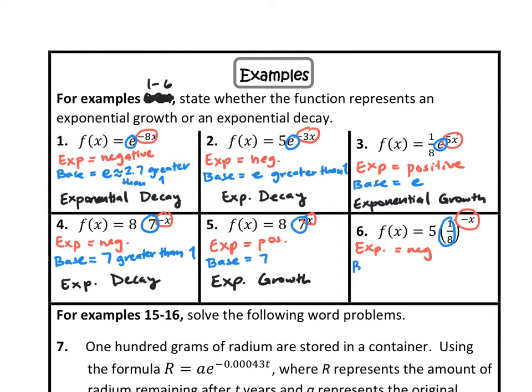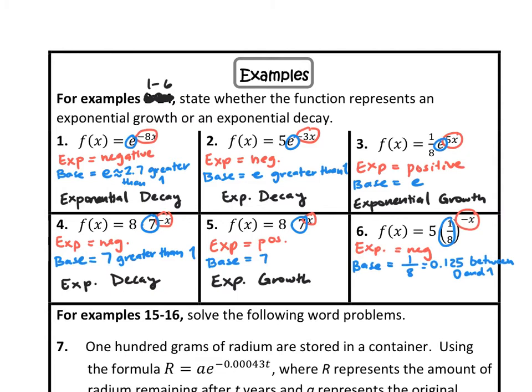The base is 1/8, which is a decimal, right? 1 over 8 equals 0.125. And that number is between 0 and 1. So 0.125 is between 0 and 1.